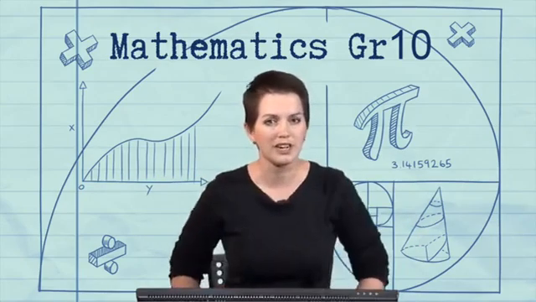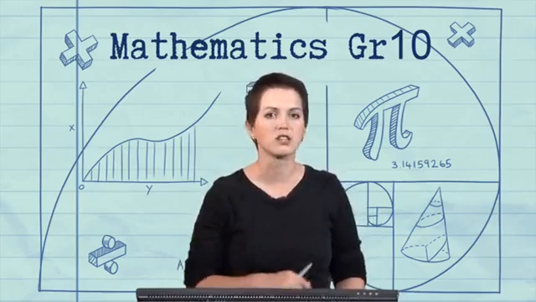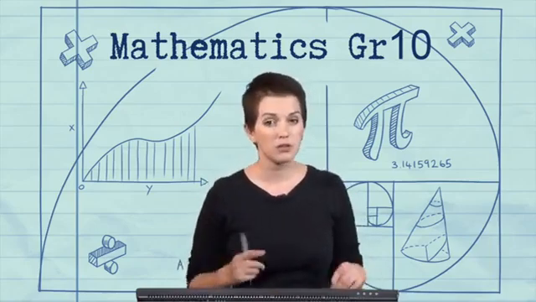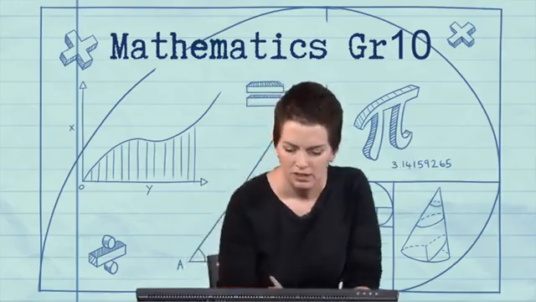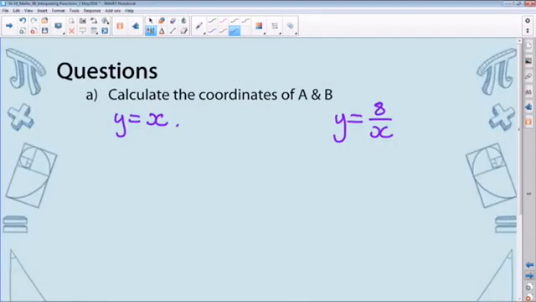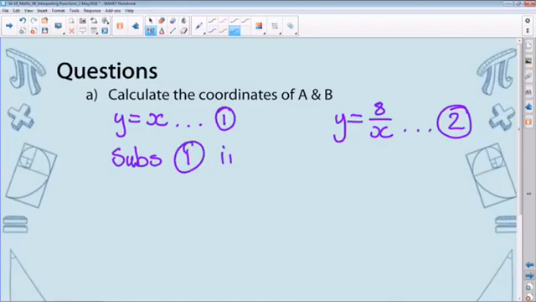Okay, I'm going to show you how to write this down algebraically, but really it should be quite easy to find the answer. Let's do it. Okay, so we're going to call the first equation, equation 1, and the second equation, equation 2. And we'll substitute 1 into 2.